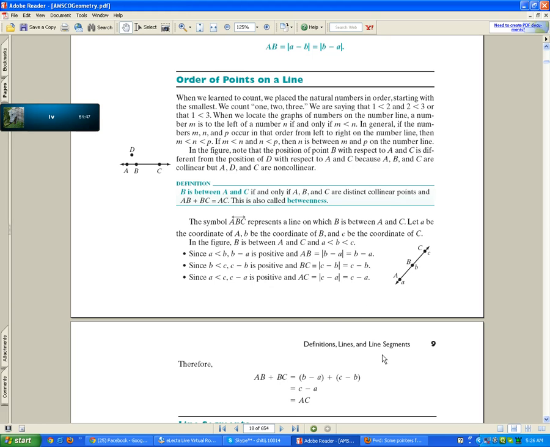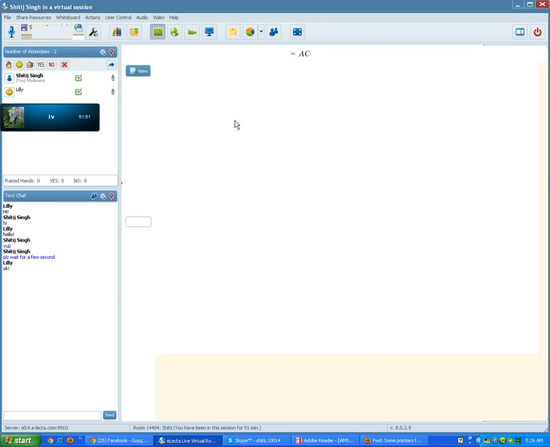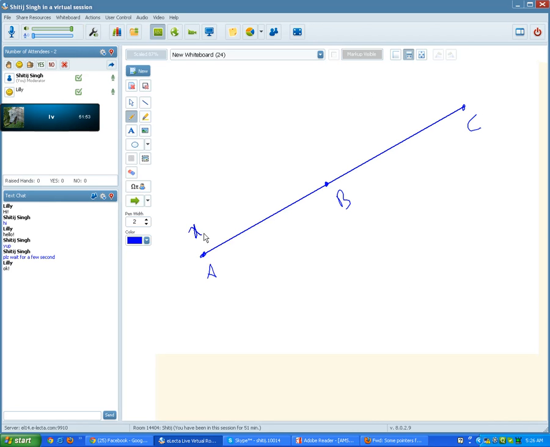Correct. So if the two coordinates are given, x comma y, and this one has x1 comma y1, how will you find the coordinates of B if it is a center point?